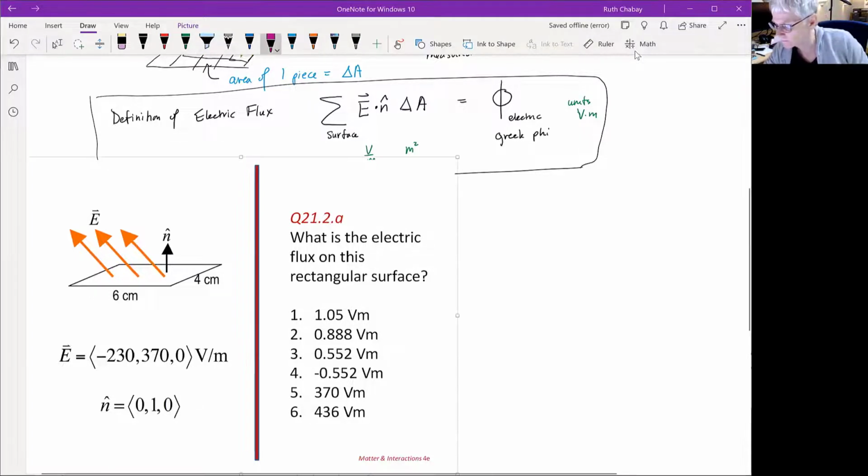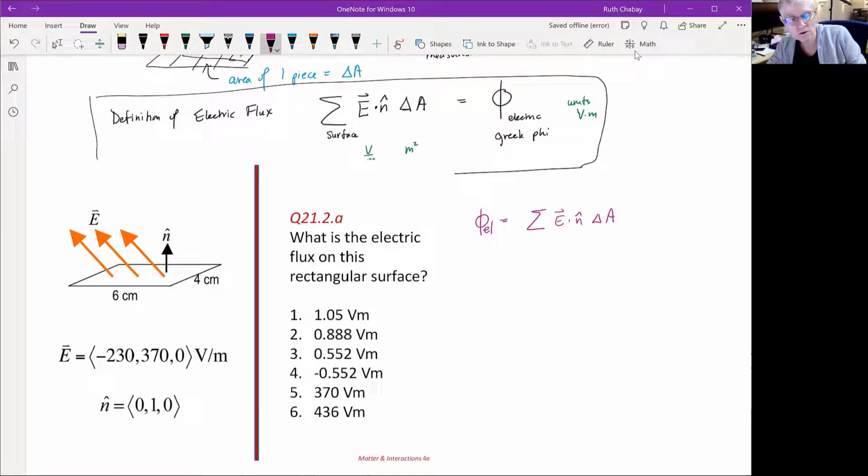The electric flux is going to be the sum over this little piece of the surface of E dot n hat times delta A. Since the field is uniform on this surface, we can just use the entire area.